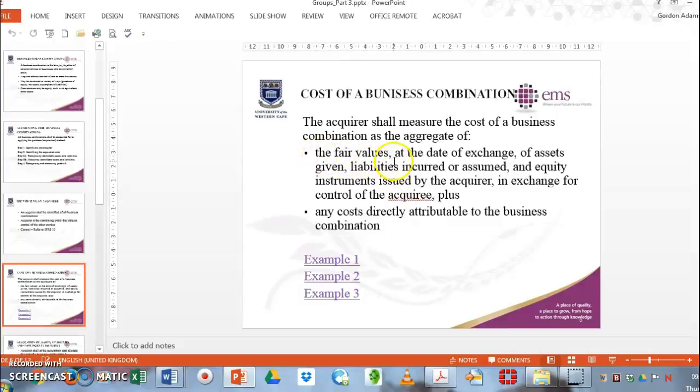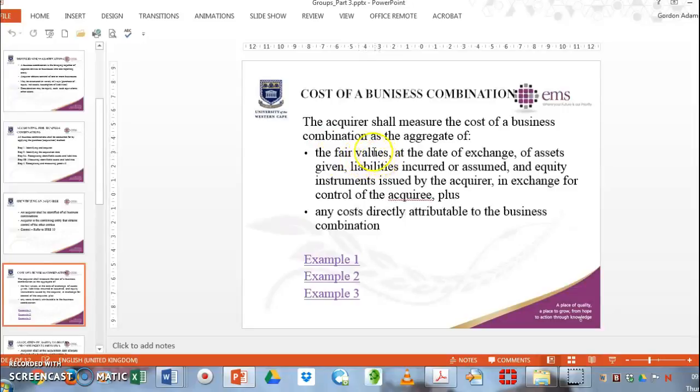And it's important that we recognize here that most of the reference to costs in the business combination refers to fair values. So it's the fair values at the date of exchange of assets given up or liabilities assumed and equity instruments issued by the acquirer in exchange for control of the acquiree.